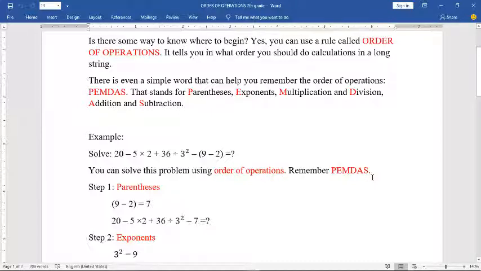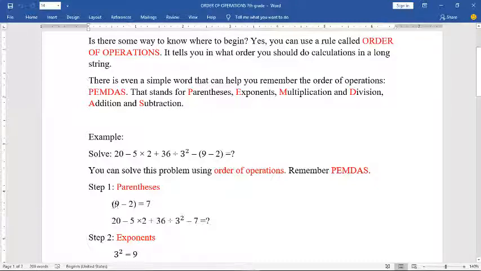Remember PEMDAS. Okay? Step 1. Before we solve the problem, we go to step 1. Following PEMDAS, we start with letter P, that stands for parentheses. Let's look for the operation inside parentheses. Oh, there it is. It's 9 minus 2.